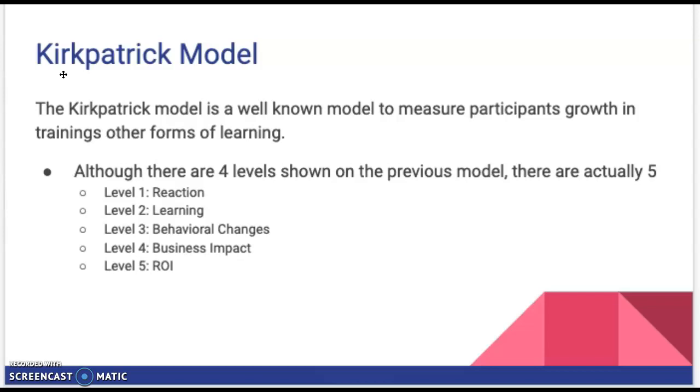Level 4 is the business impact, how it impacts the result. And then the 5th level is the return on investment. So this level 5 is usually combined into the level 4 because we want a positive return on investment with the business impact.